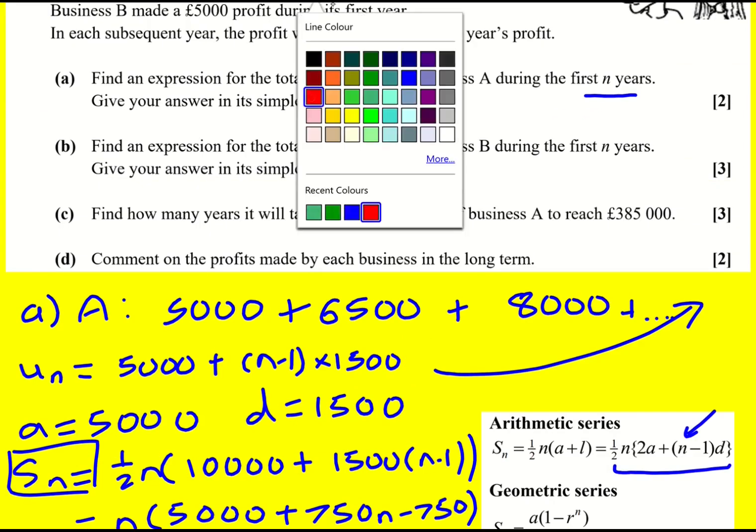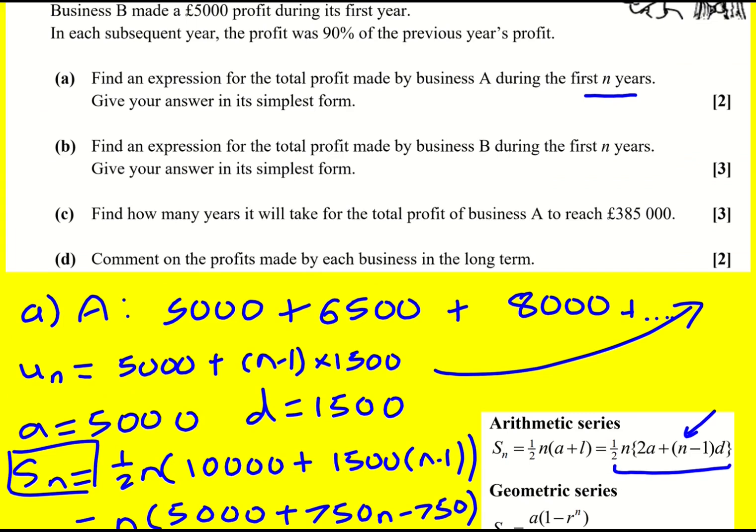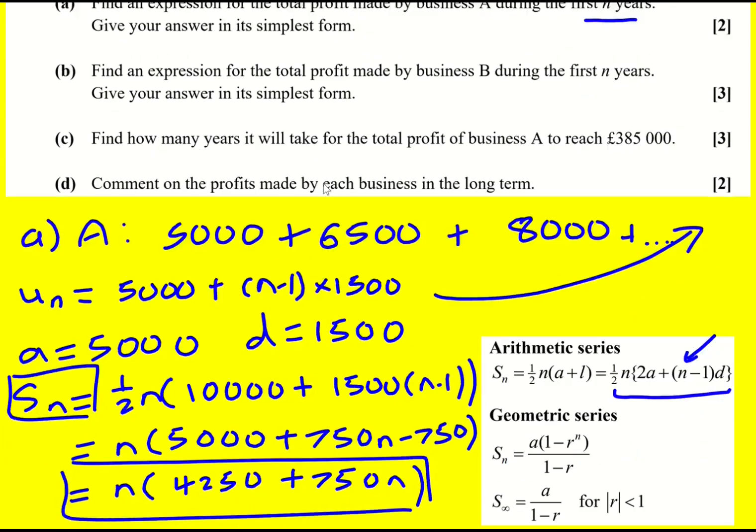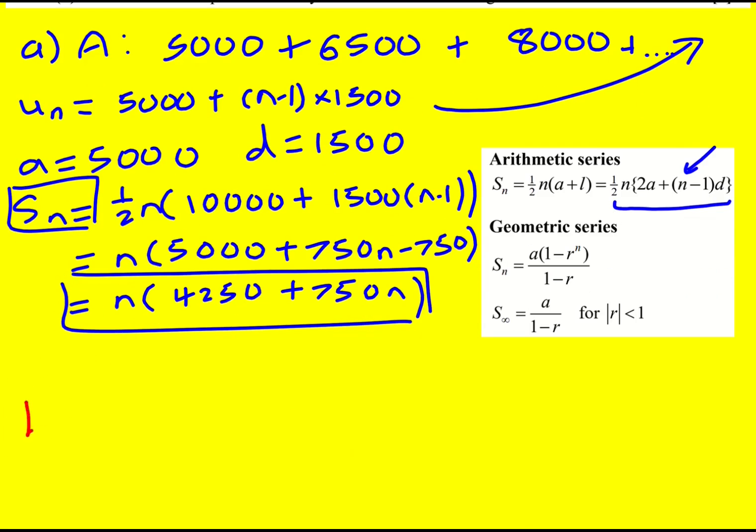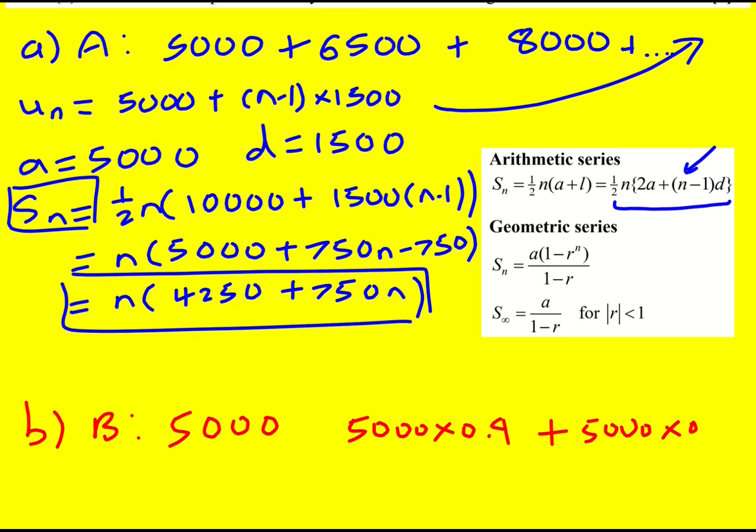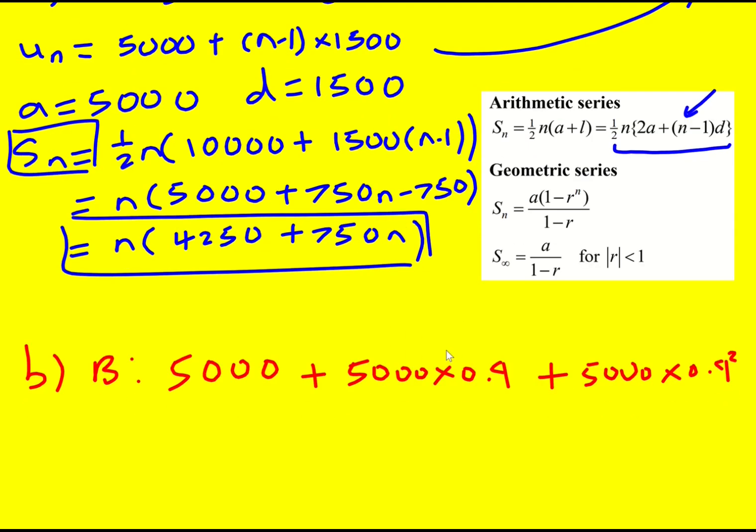Okay, on to B, where we're asked to find the total profit by business B. Here, they also make 5,000 at the start, but then the profit is 90% of the previous year. So I'm not going to work it out. I'm just going to write it as 5,000 times 0.9, and then 5,000 times 0.9 squared, because this illustrates more clearly that it is a geometric series.